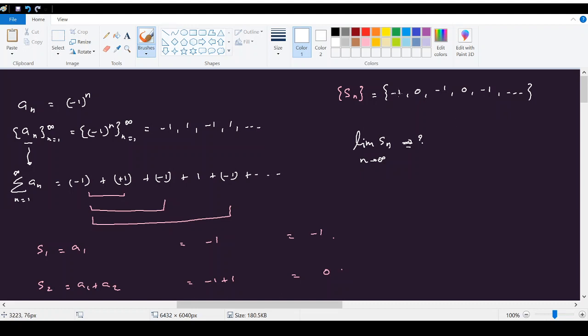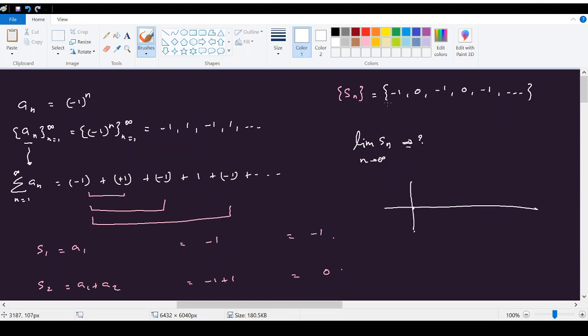Since this sequence oscillates between 0 and -1, it cannot converge to a certain specific point.